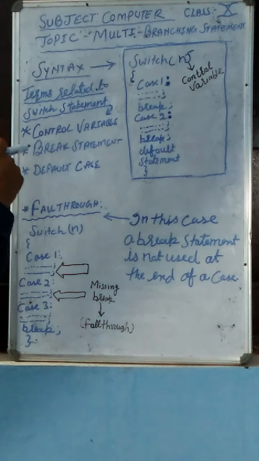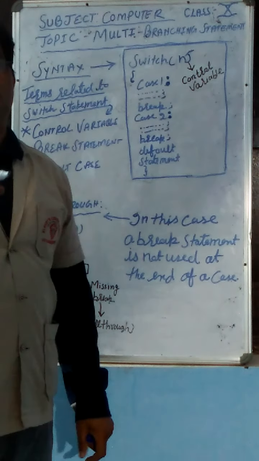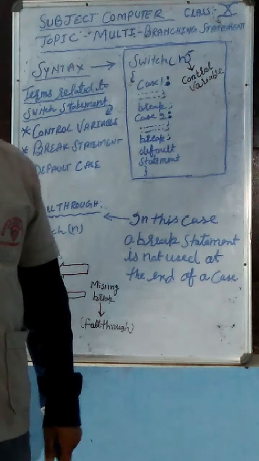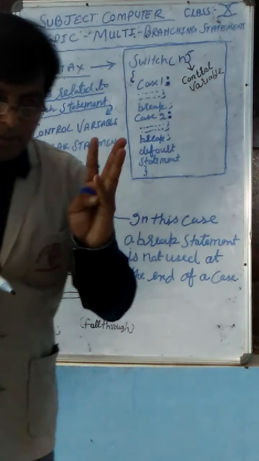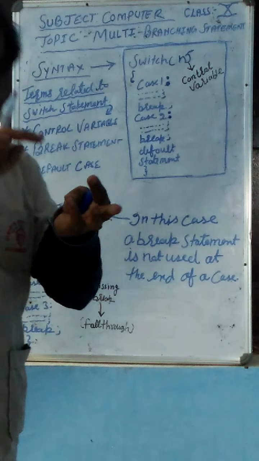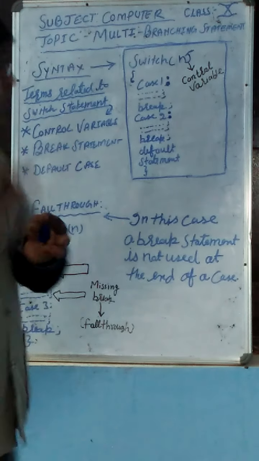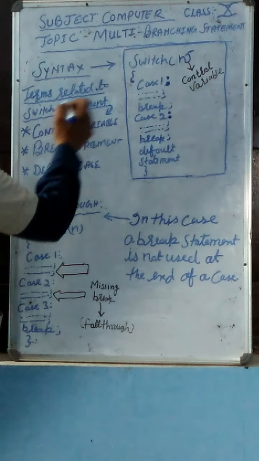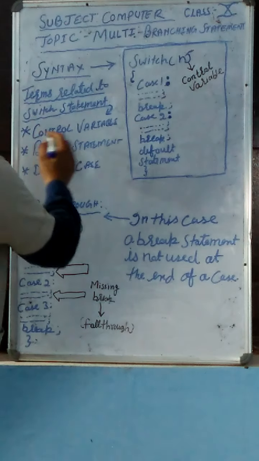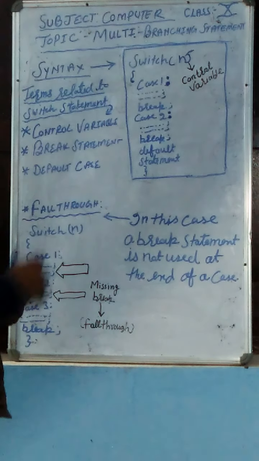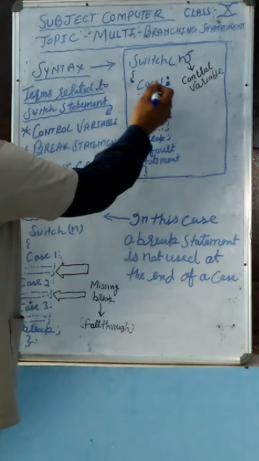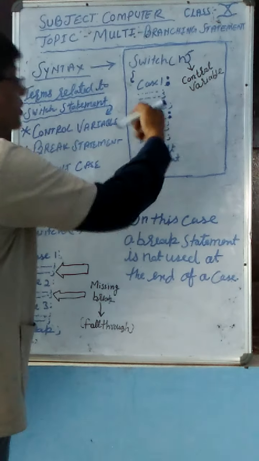What are the terms we are using for the switch statement? One is variable, second is case, and third is default. These three terms related to the switch statement we are using. The control variable controls all the cases, case 1, case 2, case 3 like this.